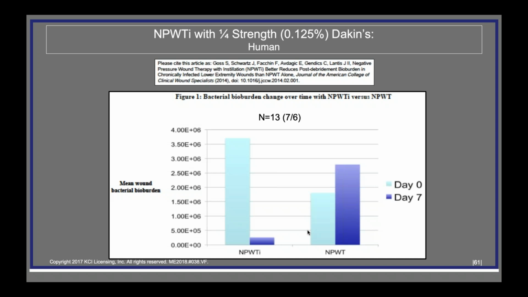Now, I have to be very careful when I say that because people misinterpret that to say, well, there's more infections in negative pressure versus instillation, and that's not true. That's not what I'm saying. What I'm saying is that if you go back in the advent of negative pressure, I would argue that the host was much different back then, even 20 years ago. I think the hosts were less challenging than what we're facing today. The bugs were less challenging than what we're facing today.